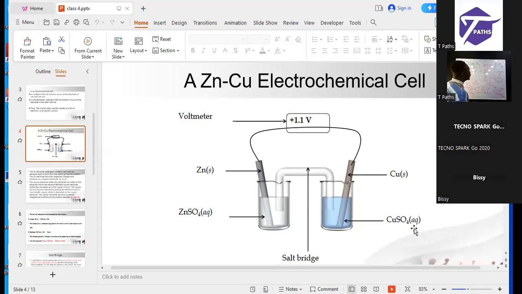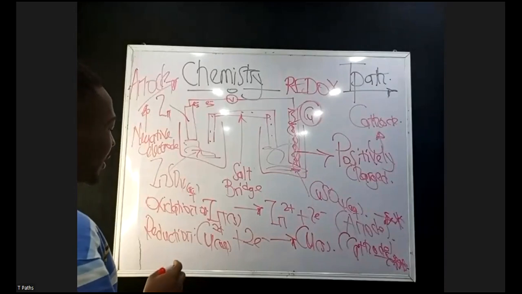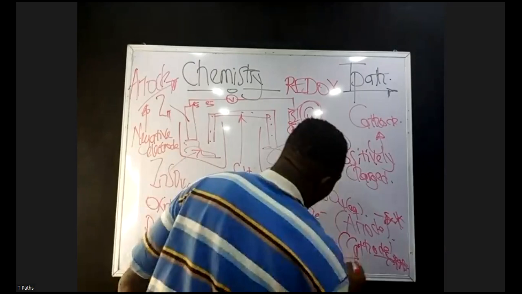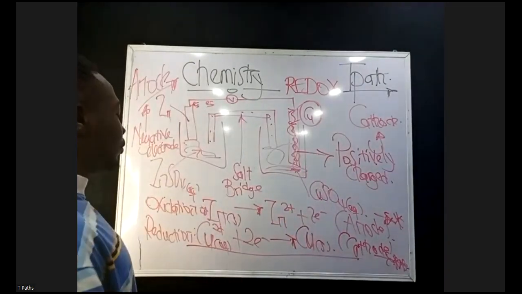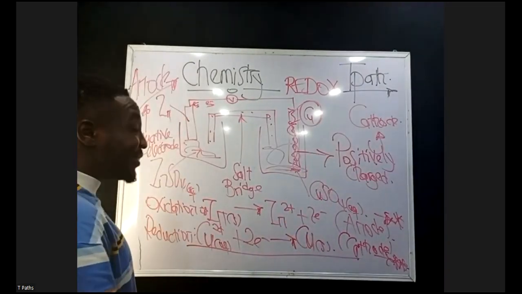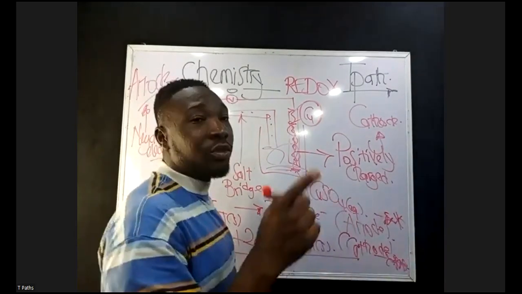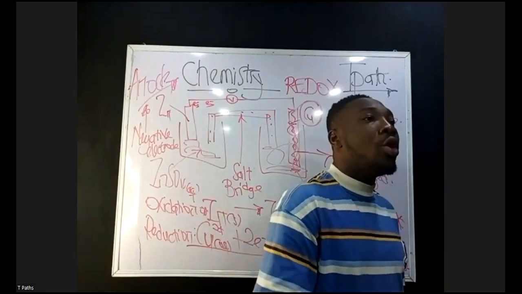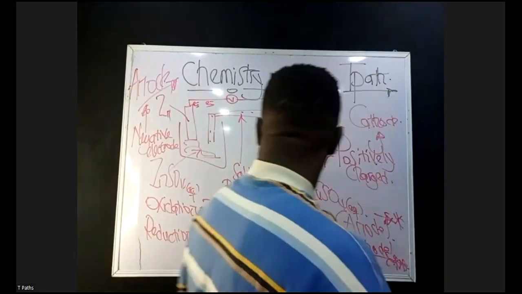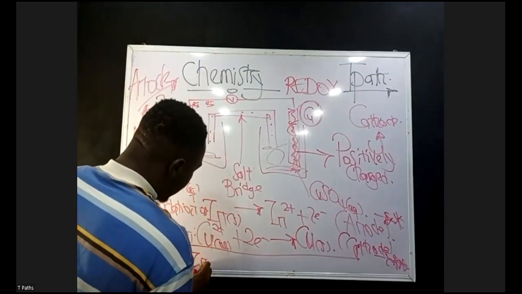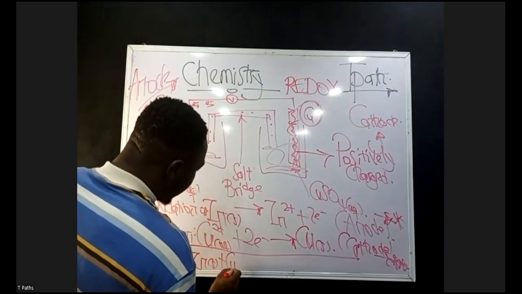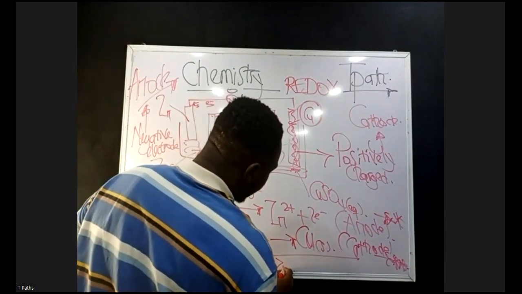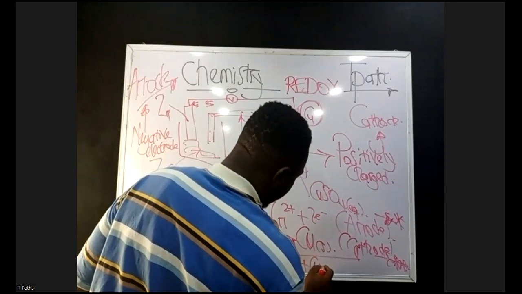We need to note something very important here. The oxidation half-cell and the reduction half-cell both sum up to form what we call the net ionic equation. We observe that 2 electrons are on the left-hand side and on the right-hand side, so they both cancel out, giving us zinc solid plus copper 2+ aqueous, giving us zinc 2+ plus copper solid.